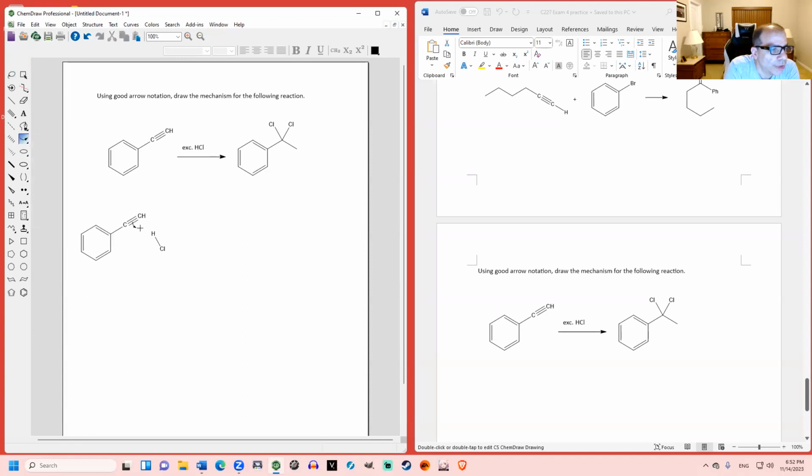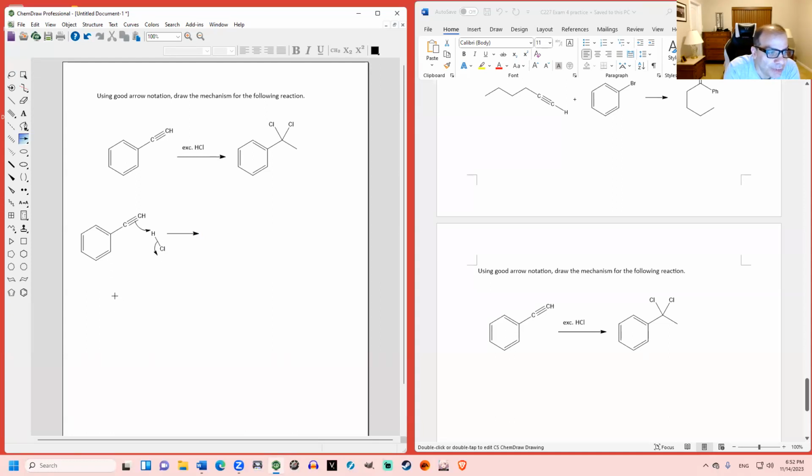So the reaction starts by attack of one of the alkyne pi bonds onto the HCl. Notice the directions the arrows go. We never use arrows to show movement of atoms. So you don't use an arrow to say this H goes here. That's wrong.